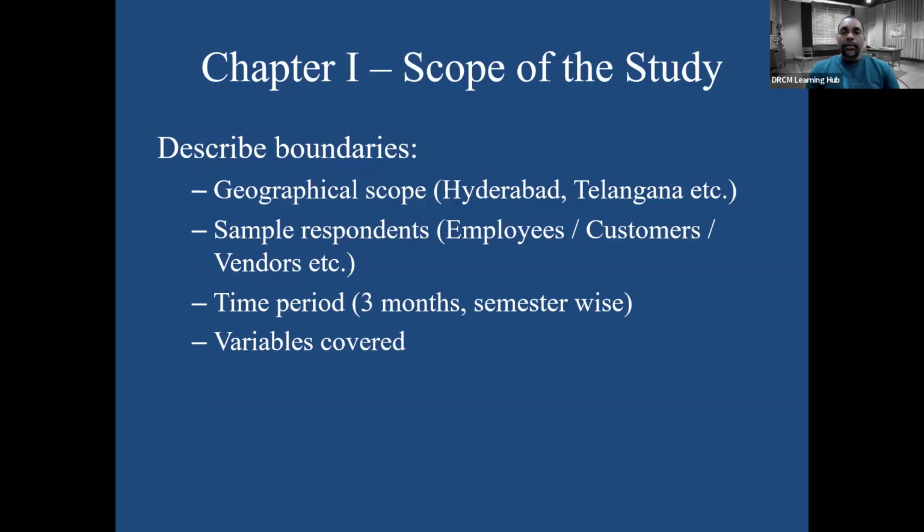Only students, and which students you are taking. Only BTech students, then it is scope. My sample respondents are government employees, that is scope. Only private employees, scope. Government and private employees, that is the scope. This you have to mention. It indicates that I am not taking people other than those. I am taking only these people, only this place. This you need to remember.